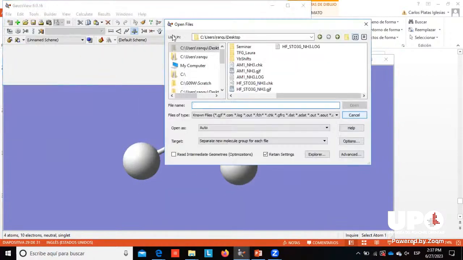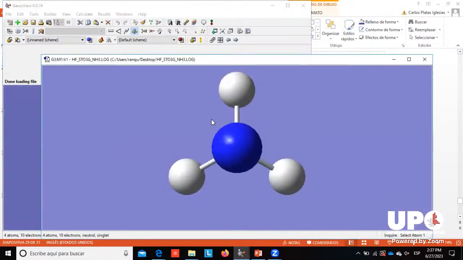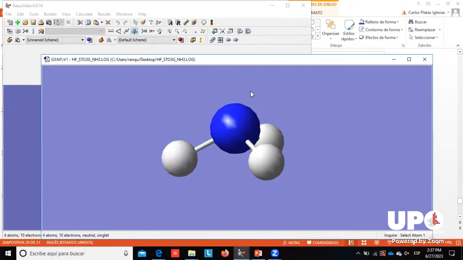Okay, so we can open the log file again. And I just wanted to run a calculation with an electronic structure method, the simplest one, right? So it's Hartree-Fock and a small basis set, just to compare the results with a more, let's say, sophisticated method. So here the distance is 1.032, right?